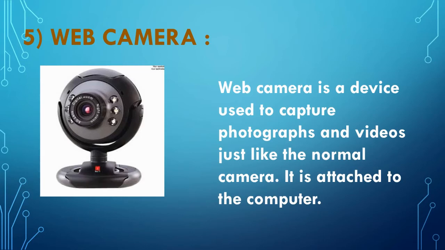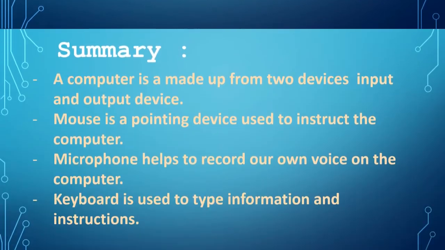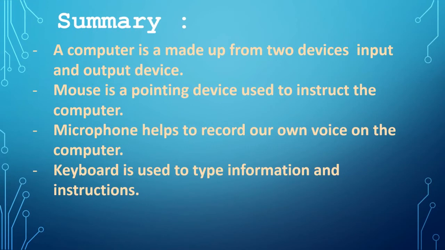Now students, here we finished our lecture. So let's see what you learned today. A computer is made up of two devices, the input device and the output device. The mouse is a pointing device used to instruct the computer.